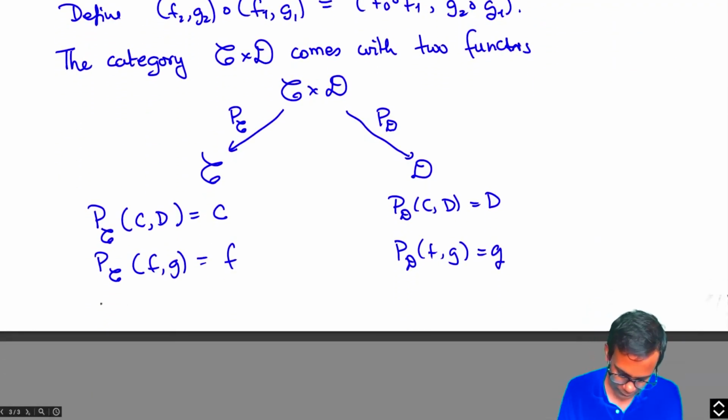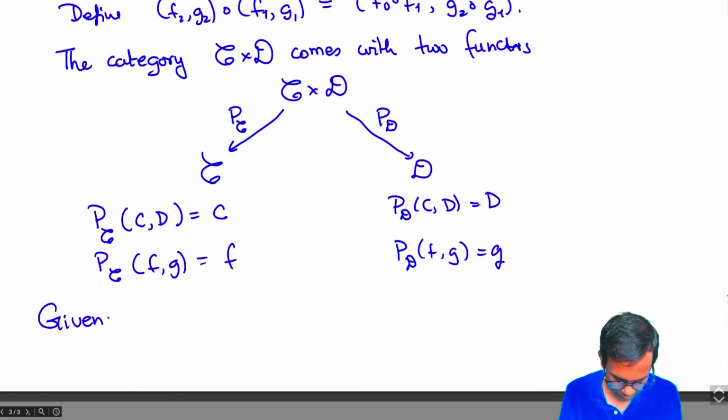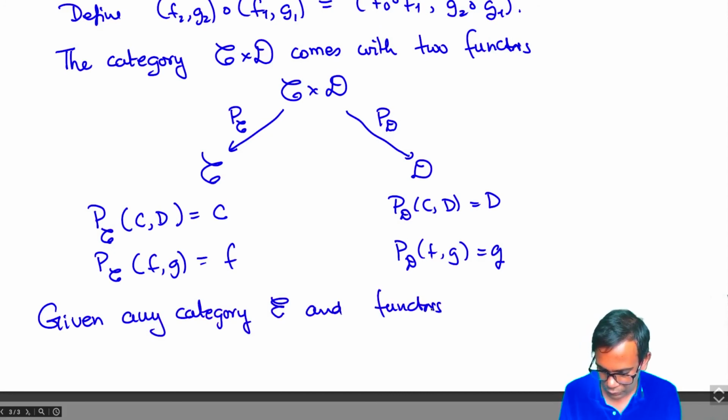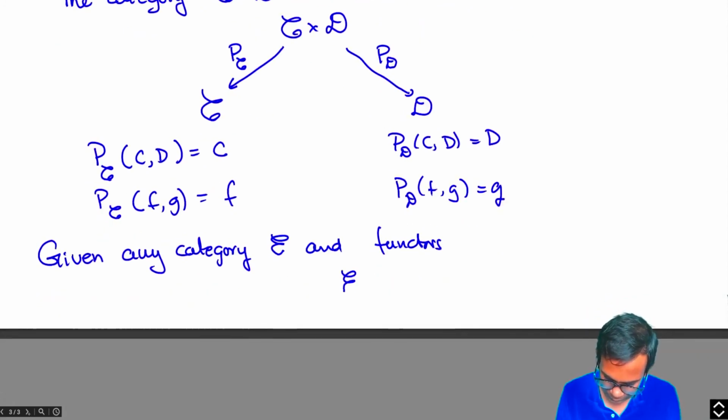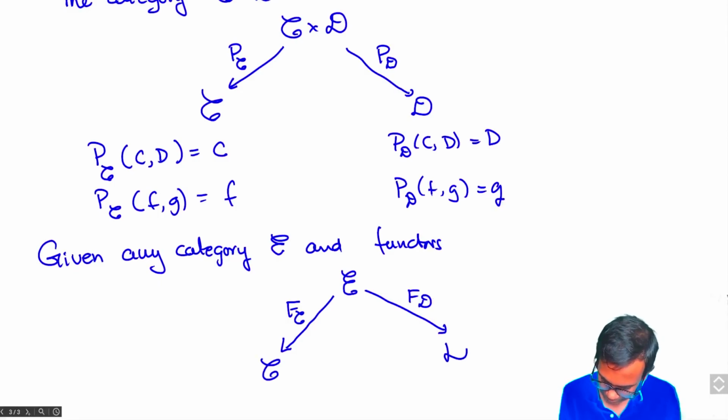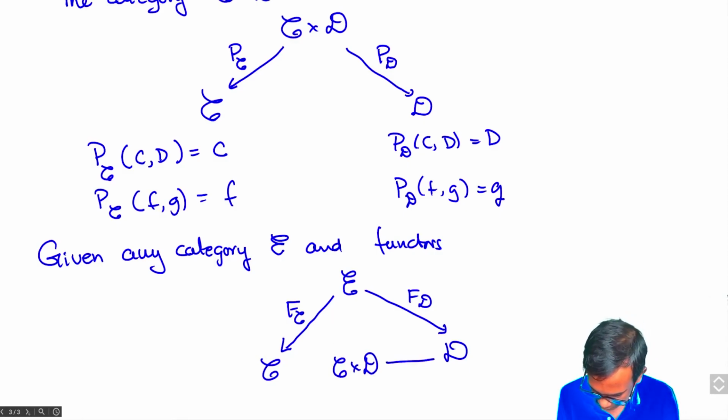So given any category E, suppose we have two functors, let's say F_C and F_D to C and D. Then we also have this C cross D over here, and we have functors P_D and P_C.